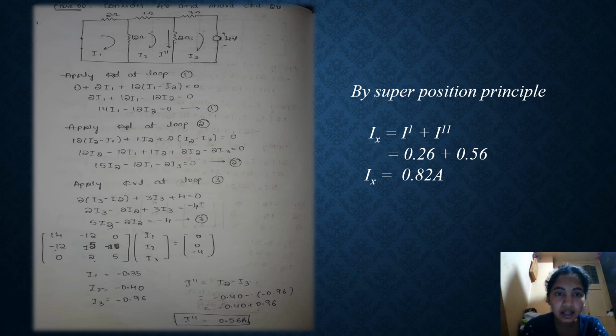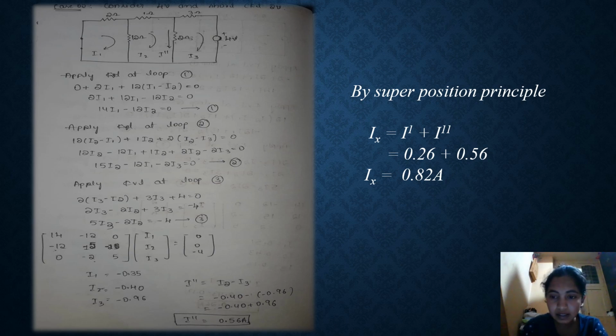So if we apply KVL at loop 3, that will be 2 i3 minus i2 plus 3 i3 and plus 4 is equal to 0. 2 i3 minus 2 i2 plus 3 i3 is equal to minus 4. Then the equation will be 5 i3 minus 2 i2 is equal to minus 4. This is equation 3.